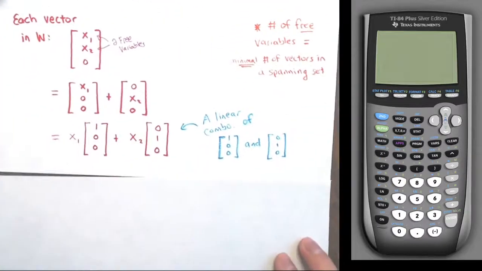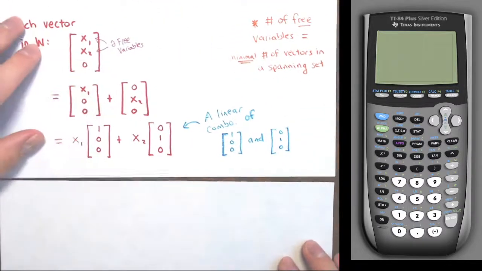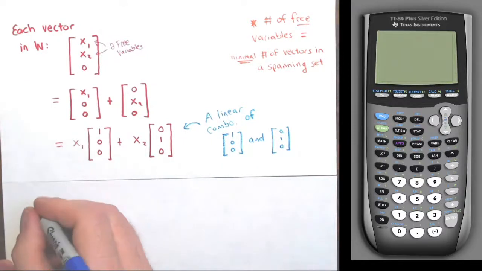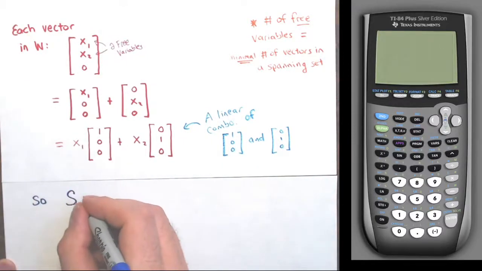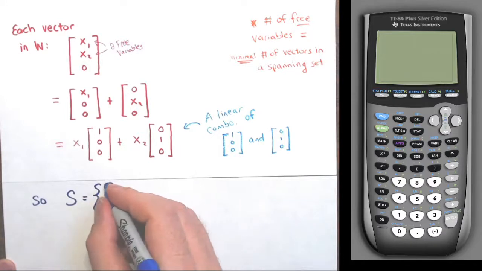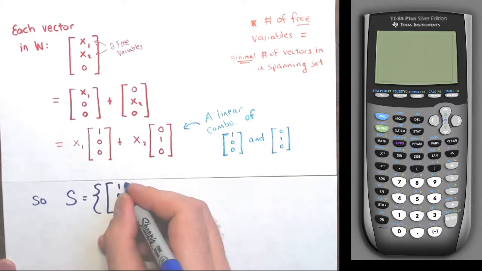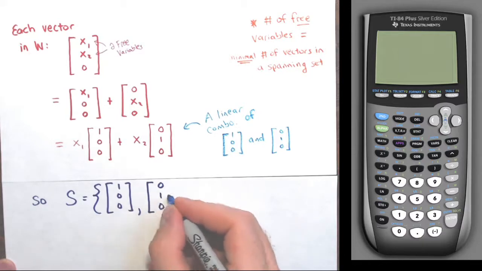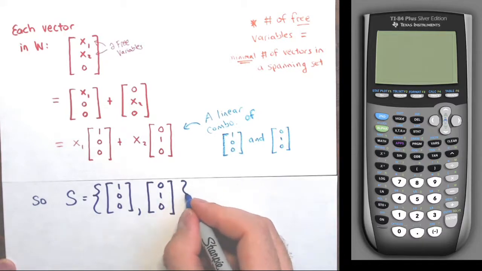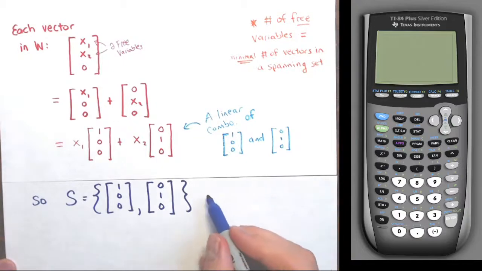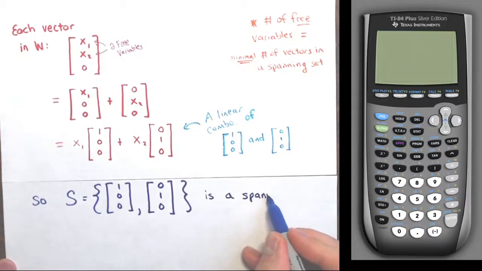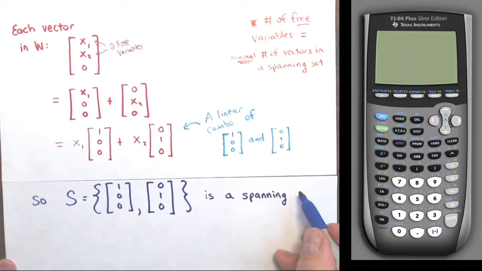All right, since every vector in W can be written as a linear combination of those two, then we would say that S equals the set with vectors 1, 0, 0 and 0, 1, 0 is a spanning set for W.